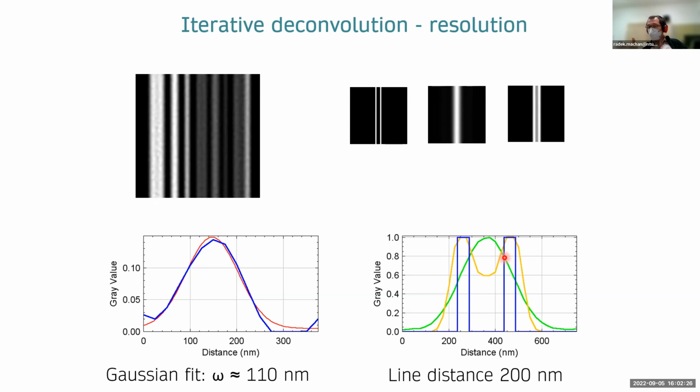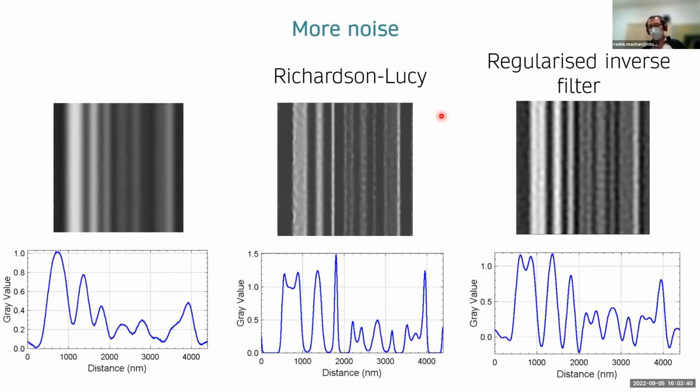That knowledge of the point spread function is the key to unlocking additional information that was not accessible in the measured image. This is just an example when we add more noise. Still, these algorithms work.